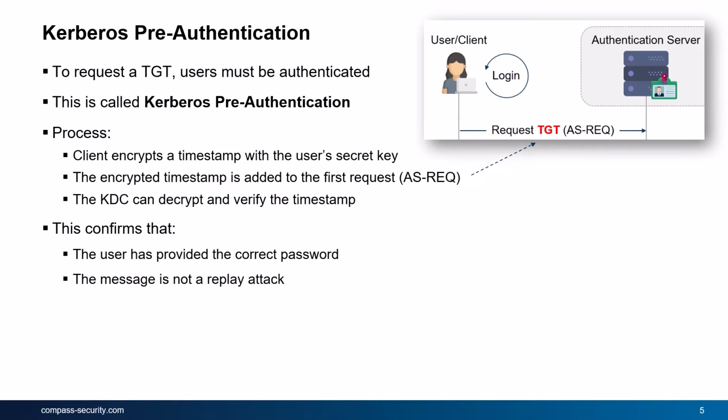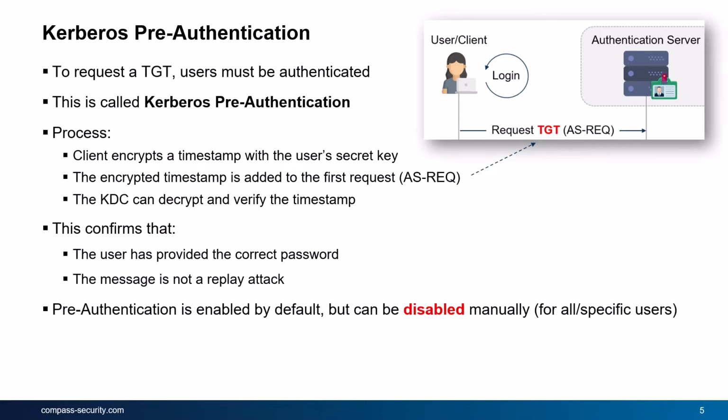So the KDC then knows that the user, first of all, has provided the correct password and therefore is authenticated, and that this message is not a replay attack. Now, pre-authentication is enabled by default for all users within your domain, but you can specifically disable it manually. This is sometimes done for compatibility issues with legacy applications or appliances that might not be able to handle pre-authentication.